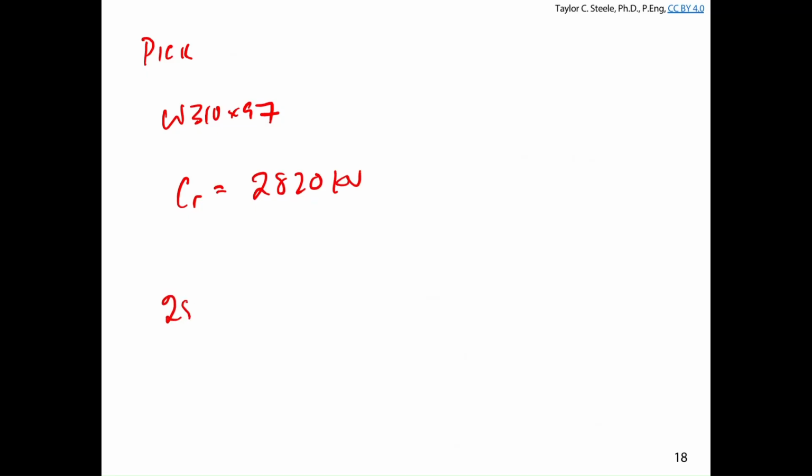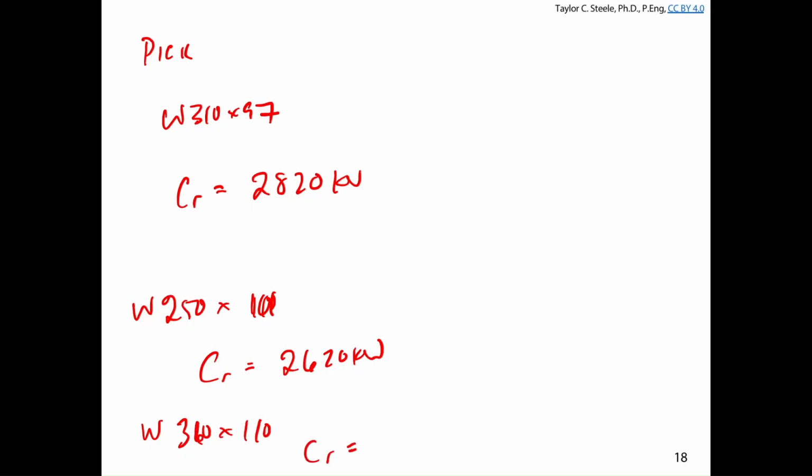Or a W250 by 101. CR was equal to 2,620 kilonewtons. Or a W360 by 110. CR was equal to 2,700 and something, maybe 10 kilonewtons.